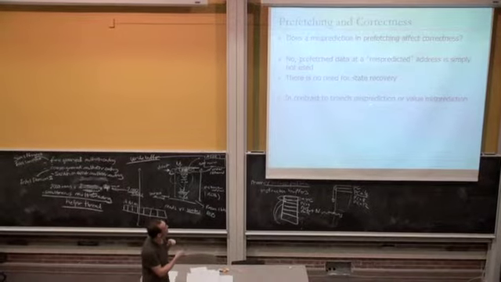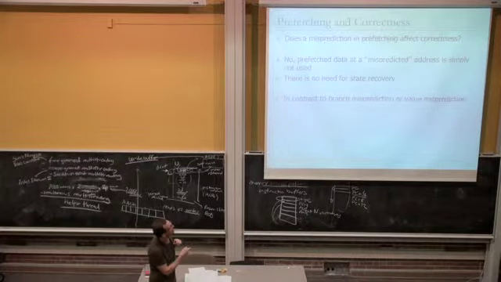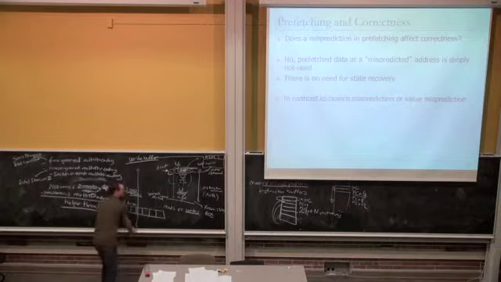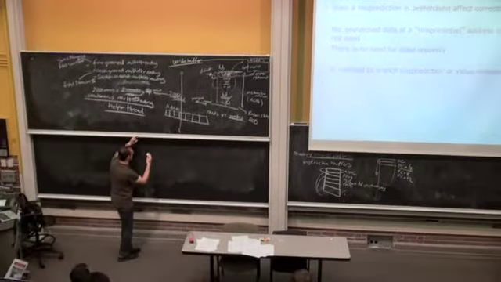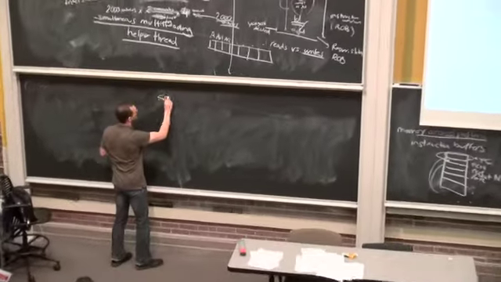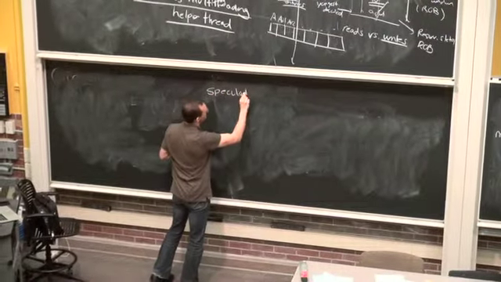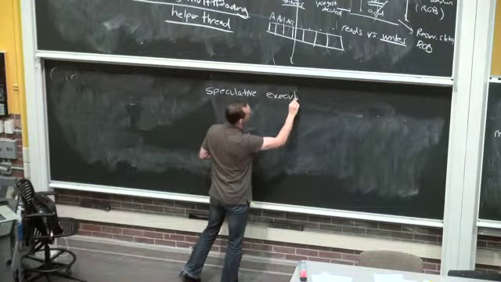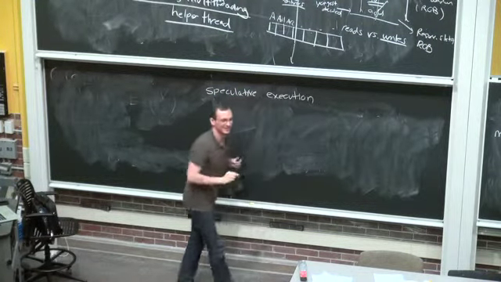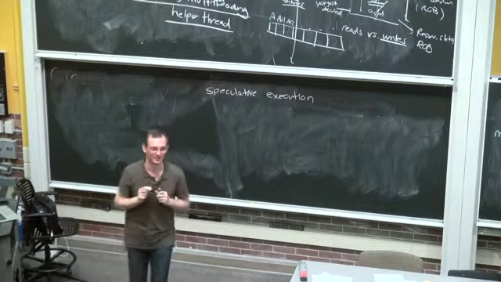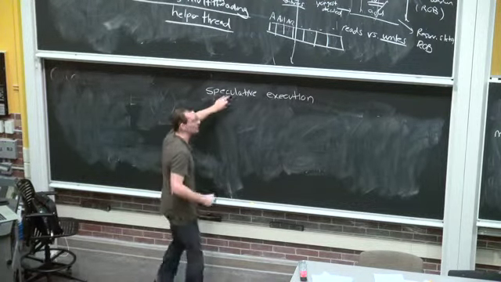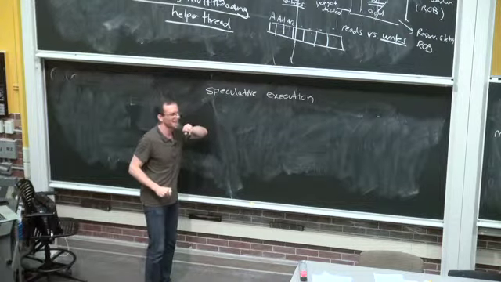So this is in contrast to other speculative execution methods. Let me back up a little bit. So prefetching is a method of speculative execution, right? You speculate, if you will. So what does speculative execution mean? Basically, it means doing something before you know that you need to do it. You speculate that you would need something, and you do it, but you don't know if you actually need it.